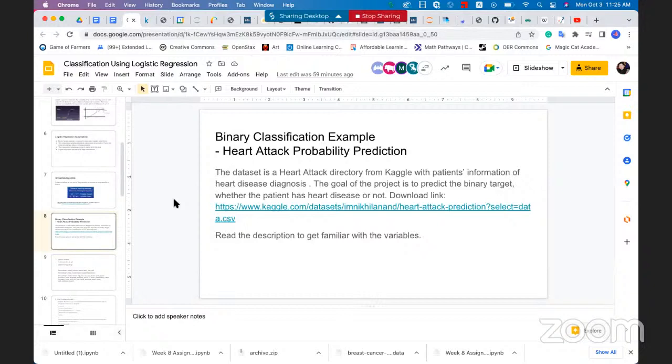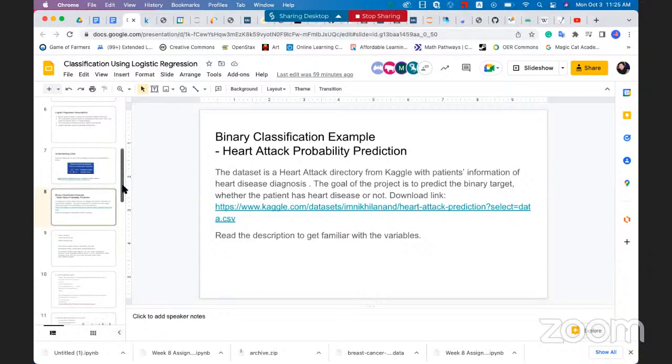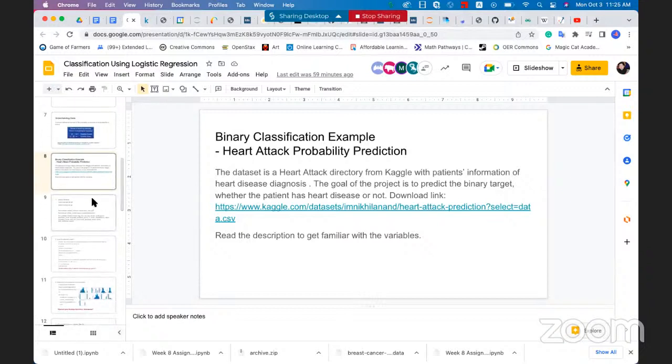But now the target variable is non-numeric, so you cannot use that method anymore, and we need to find another way to reduce the features.